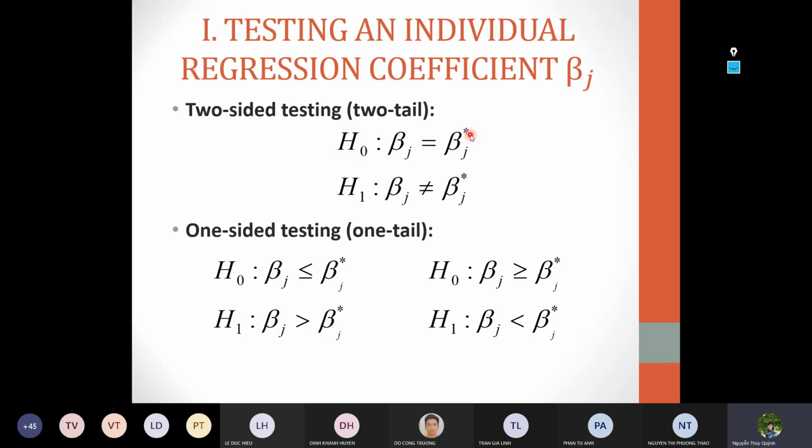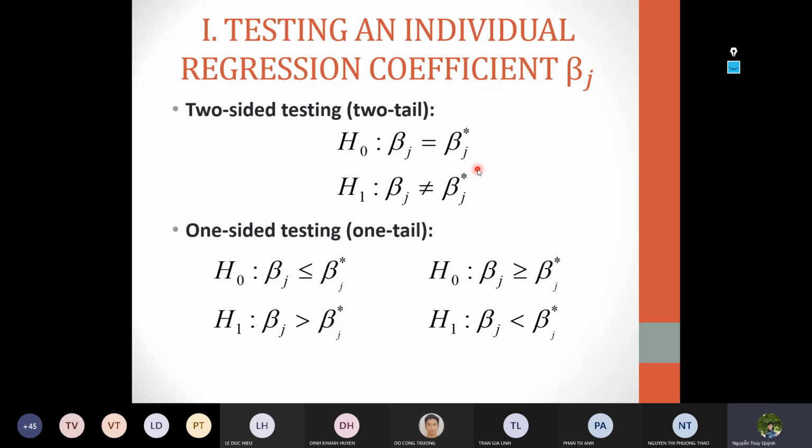It is usually a certain number, maybe 0, maybe 1, maybe 2, maybe 3, and so on, depending on your hypothesis. So beta j star here is the suspect value of the unknown population parameter.